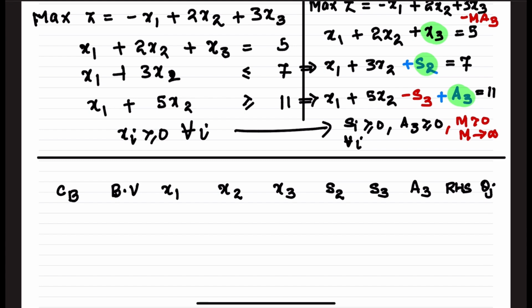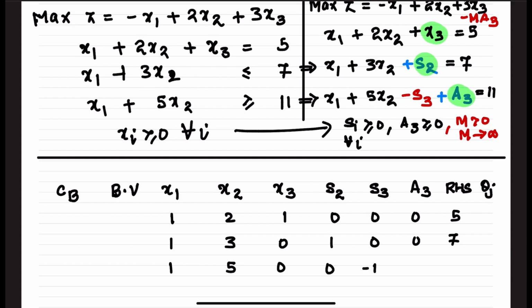The coefficients are 1, 2, 1, 0, 0, 0, 5; 1, 3, 0, 1, 0, 0, 7; 1, 5, 0, 0, minus 1, 1, 11.